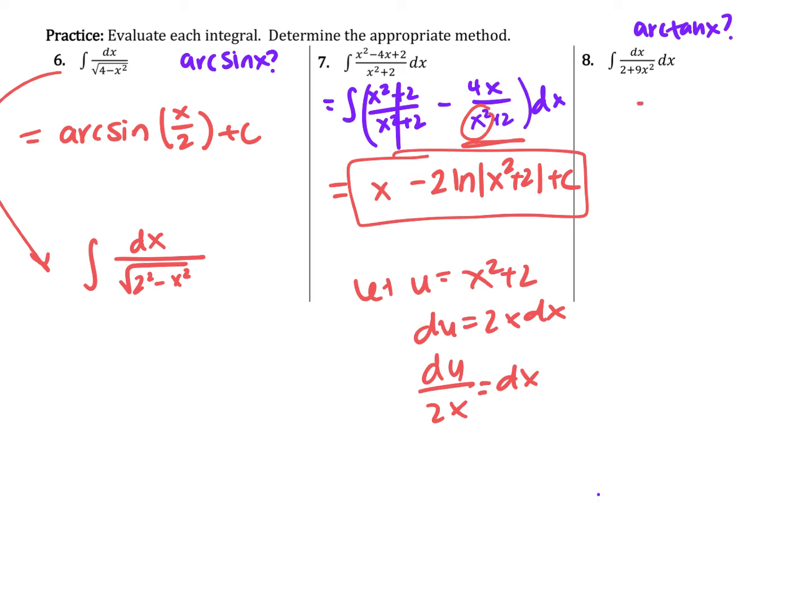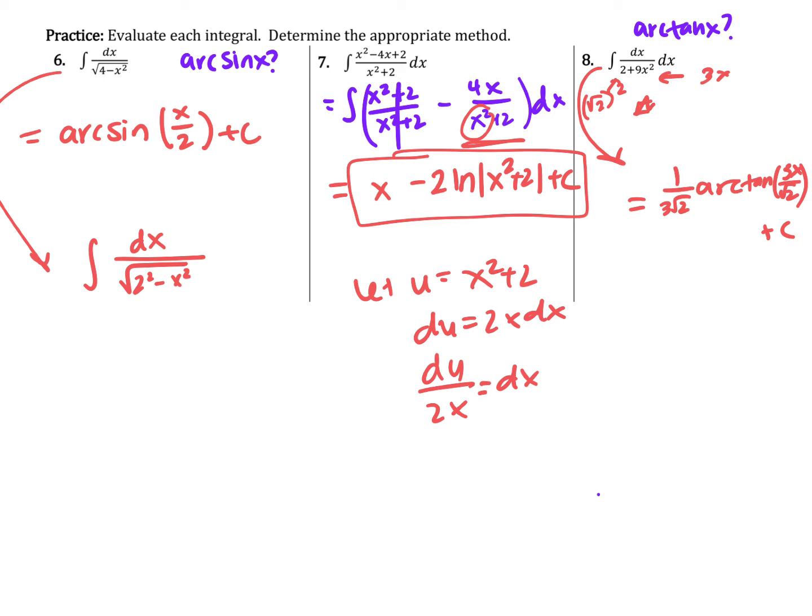And number 8 is arctan. In this case, a is the square root of 2, and u is 3x. So this integral is going to equal 1 over 3 root 2 times arctan of 3x over the square root of 2 plus c.